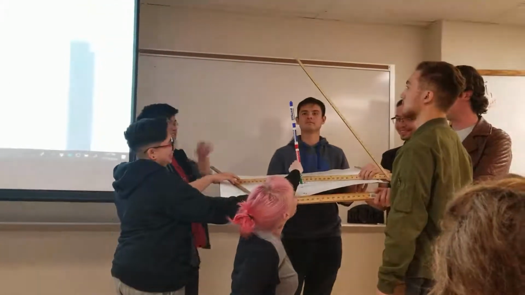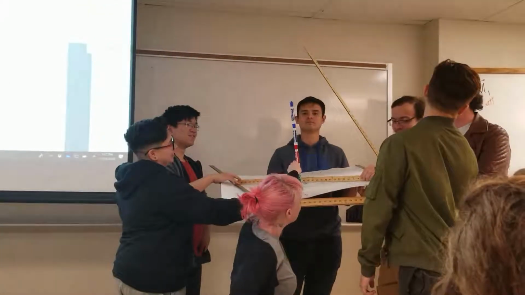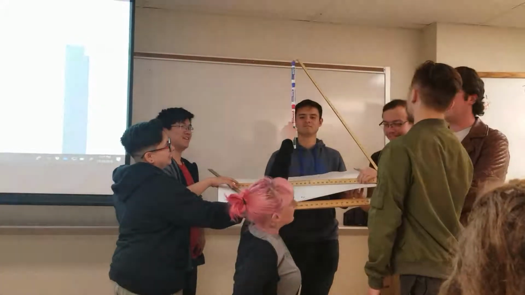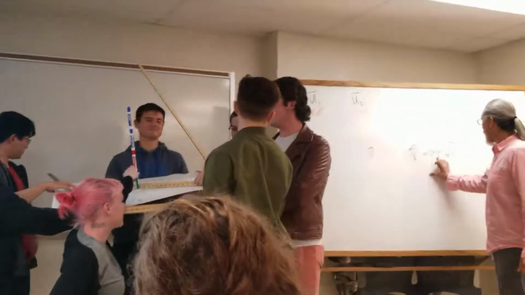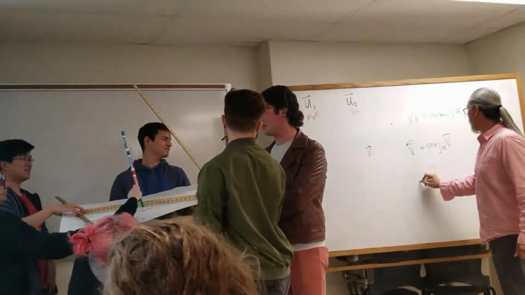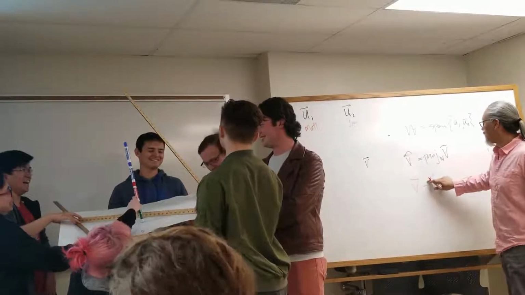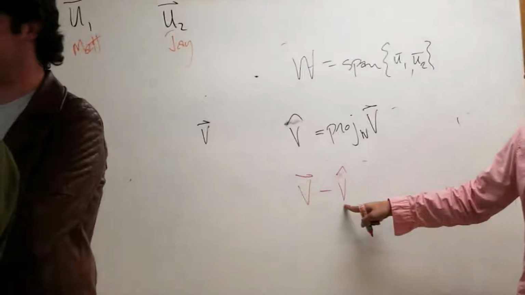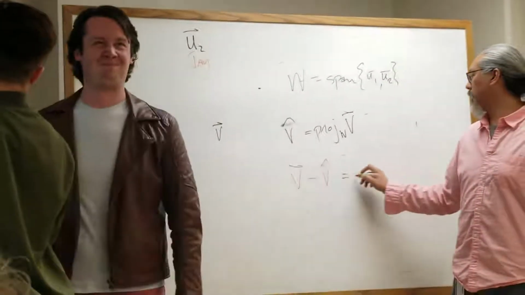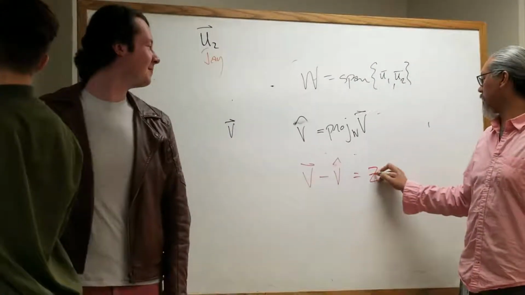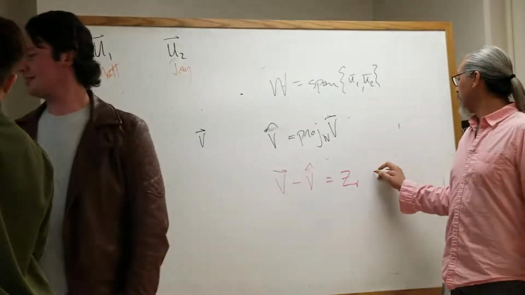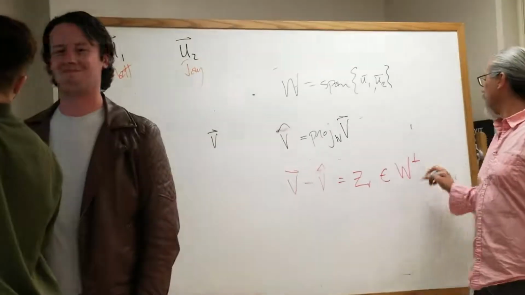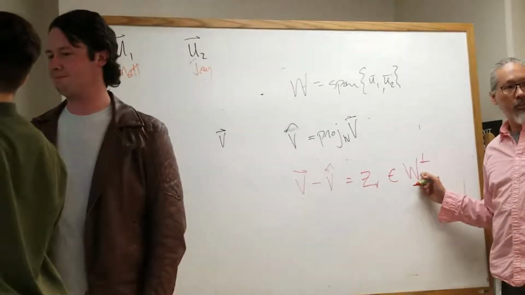And so the difference between these two, V hat and V, minus this, is going to be another thing that they call Z. We'll call it Z sub V or something like that. Let's say this is perpendicular. It's perpendicular to W, which means it's in W perp.